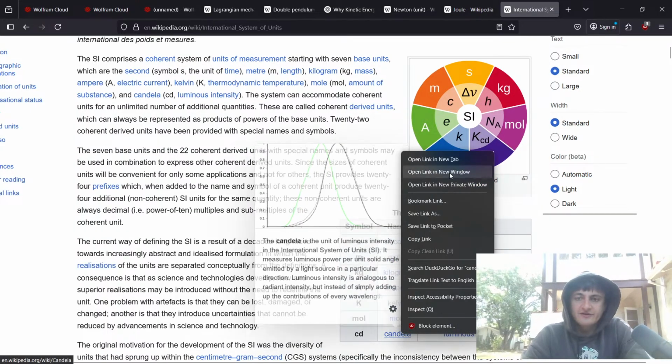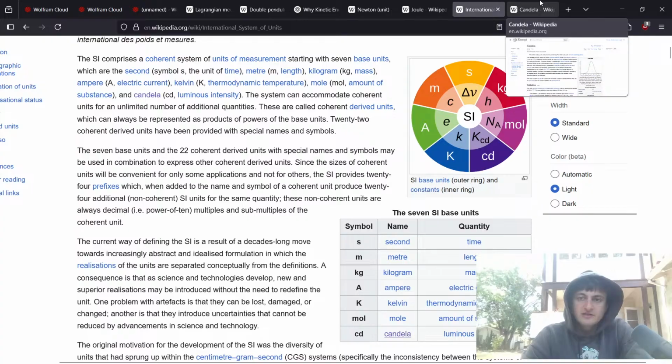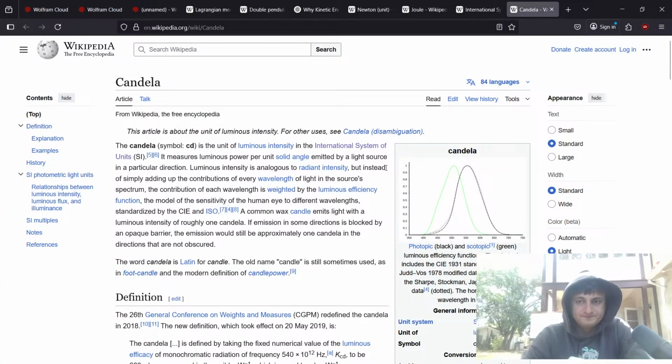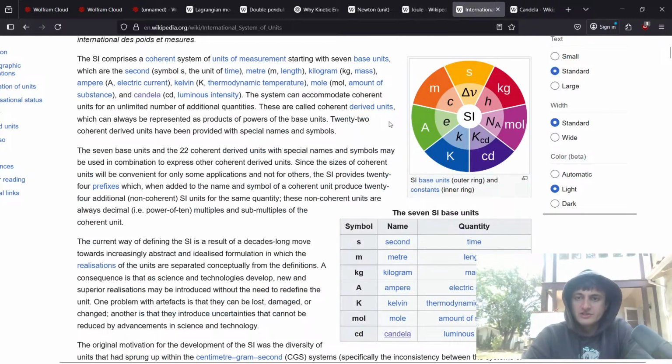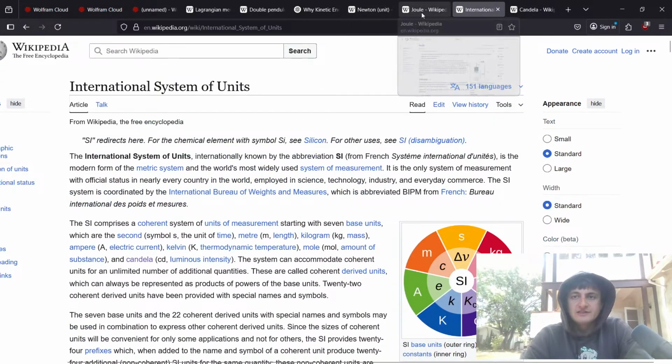How is candela defined? I asked my professor. Okay, we're going down a crazy rabbit hole. I just kind of wanted to know. But I've always loved the SI unit system.